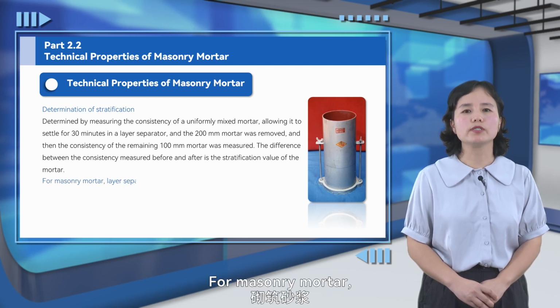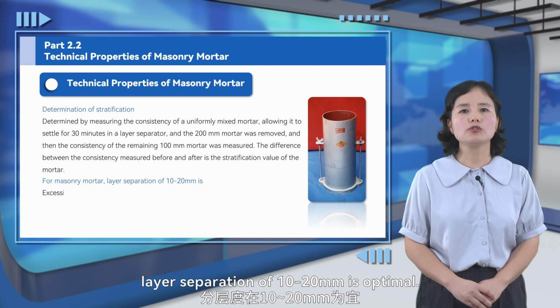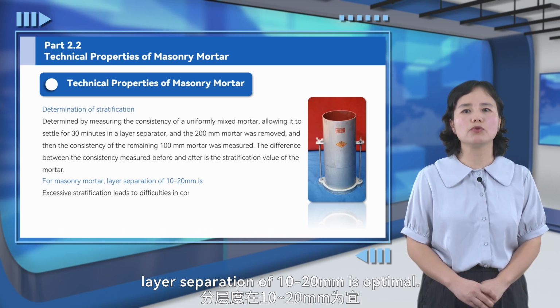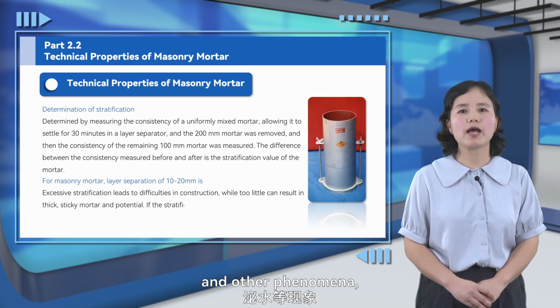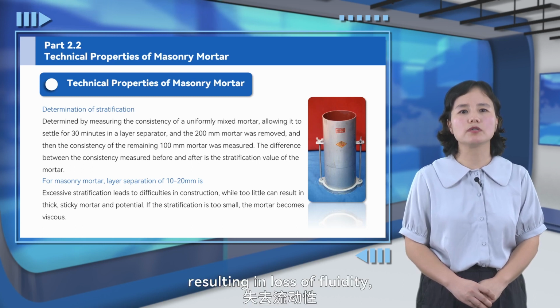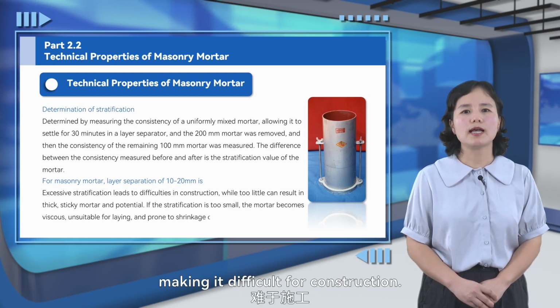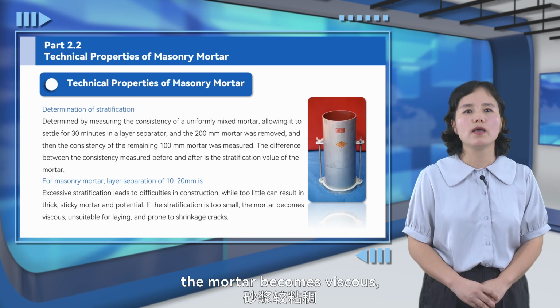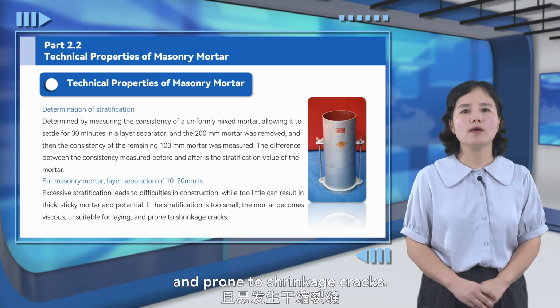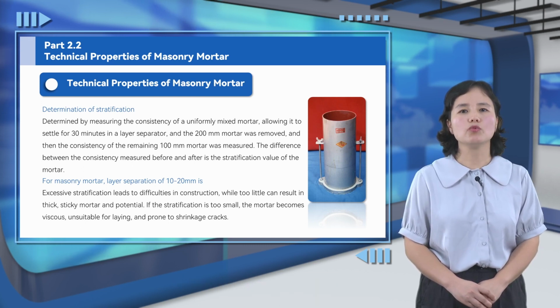For masonry mortar, layer separation of 10 to 20 mm is optimal. Excessive stratification can lead to bleeding and other phenomena, resulting in loss of fluidity, making it difficult for construction. If the stratification is too small, the mortar becomes viscous, unsuitable for laying, and prone to shrinkage cracks.